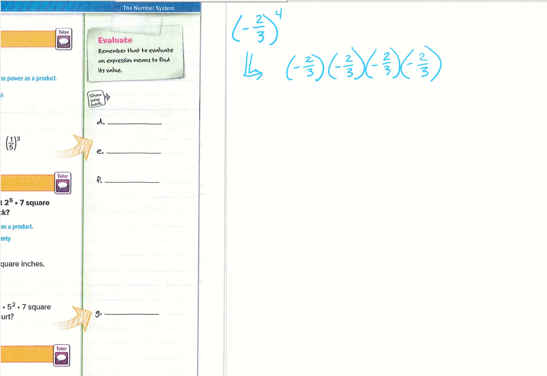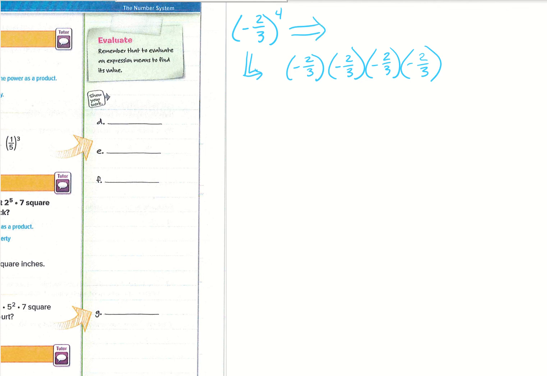But you can also do negative 2/3 times negative 2/3 times negative 2/3 times negative 2/3 with all of those in parentheses, okay?